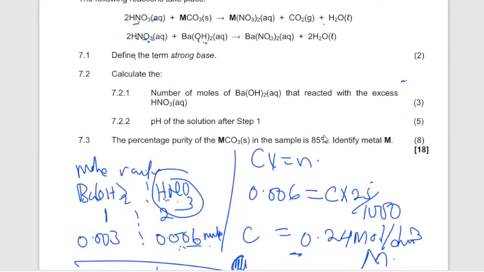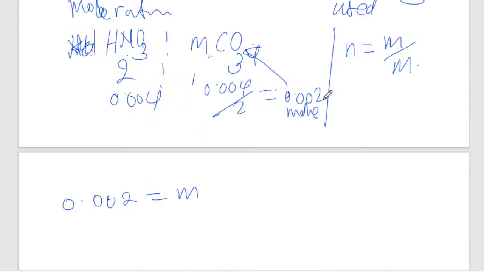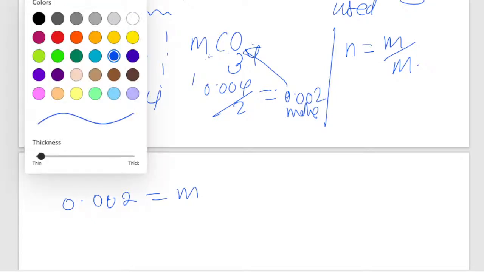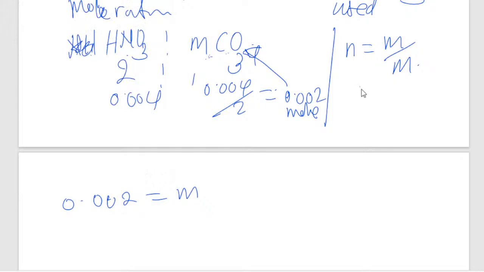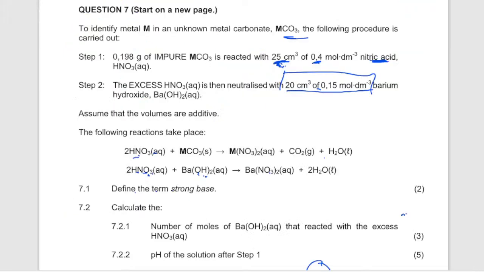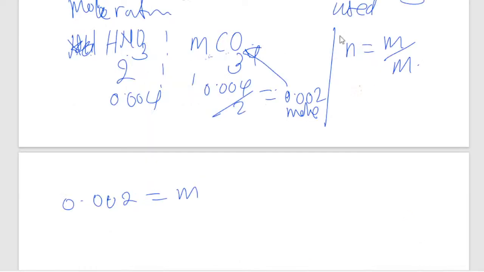They say that only 85% is pure, so automatically we have to first calculate that out, and then we find out which one is pure. Because they say 85%, I have 0.198 times 85%.